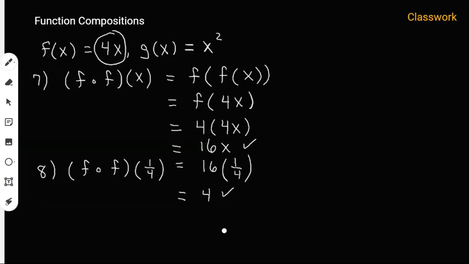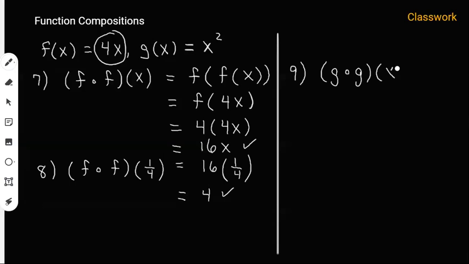Okay, let's try number 9. And let me separate all this out. There we go. So what does number 9 say? It says find g of g evaluated at x. So what this means is I'm going to have g of g of x.